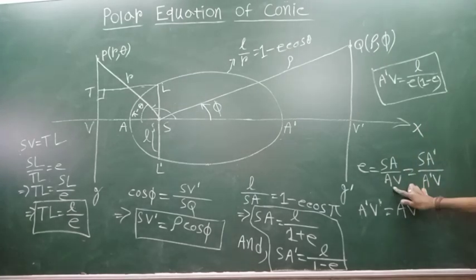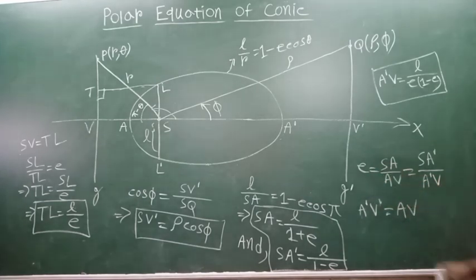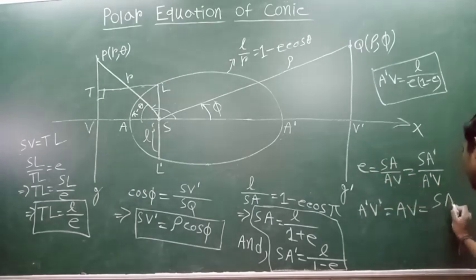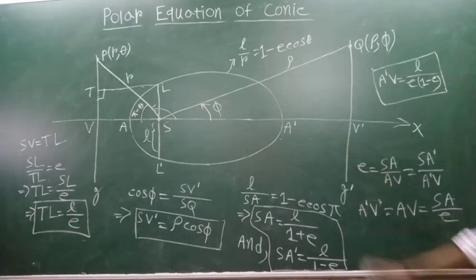And AB, from here we can say AB is equal to SA divided by E. Is this visible to you? So AB is equal to SA by E. This is A dash V dash, this length.